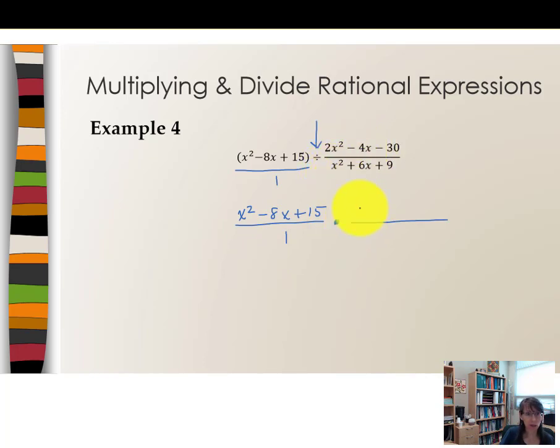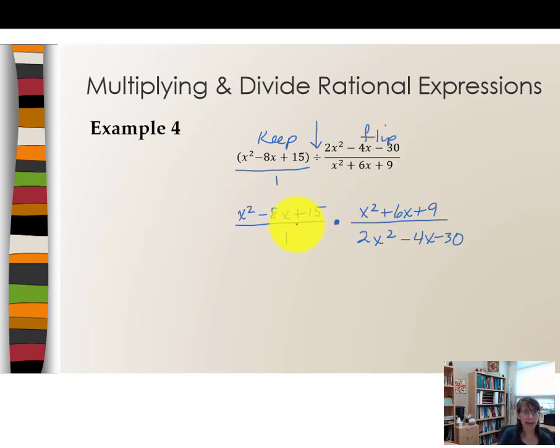So now x squared plus 6x plus 9 will be the numerator, and 2x squared minus 4x minus 30 is the denominator. Once you do the keep, change, and flip, you're ready to do all the factoring.